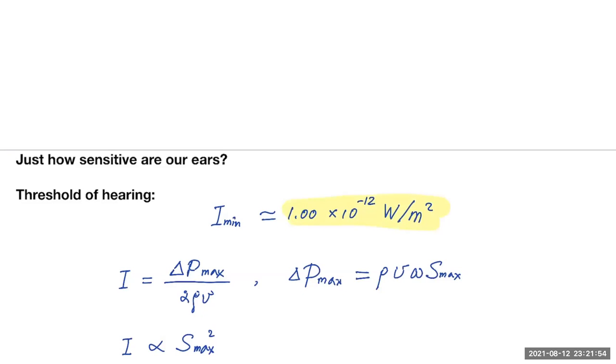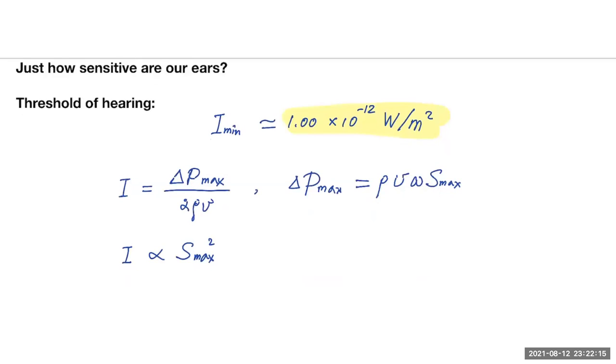That is an incredibly small amount of intensity. That tells us how sensitive our ears are. You can calculate, based on this minimal intensity, what amplitude of displacement corresponds to that, and what amplitude of pressure corresponds to that. It's not going to be a lot.